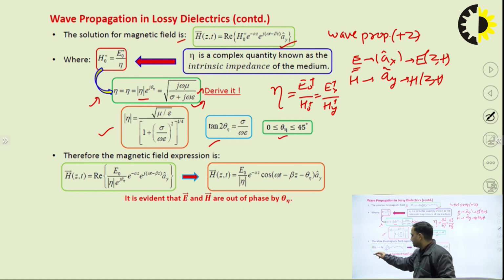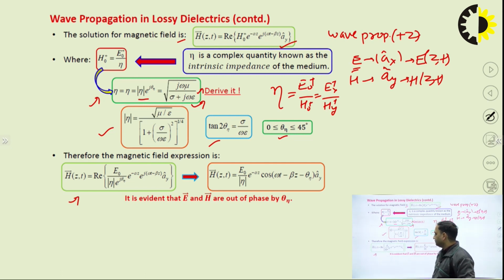Now the H equation will become the real part of this equation. In place of H naught we can use E naught plus divided by mod of eta e to the power j theta n. This is the same equation we got from here, so we just put the value of H naught plus, which is E naught plus upon mod of eta e to the power j theta n.